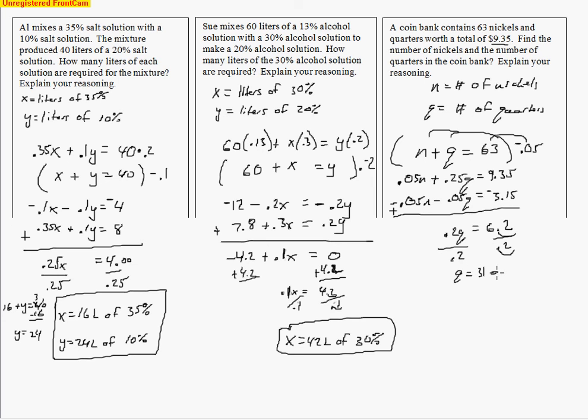So 31 quarters. That's part of the answer. So let's take a look at the other part. I need to just substitute that into the quantity equation. I've got n plus 31 equals 63. So just subtracting 31 from 63, the total, will give me 32 nickels.